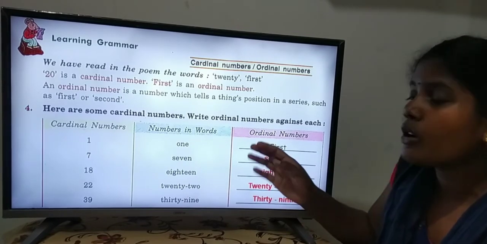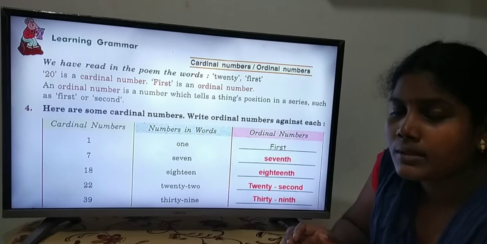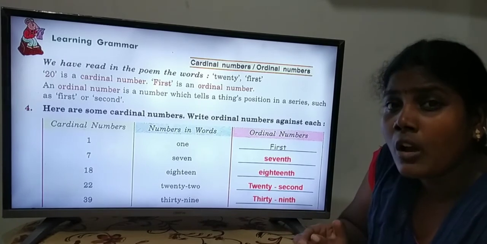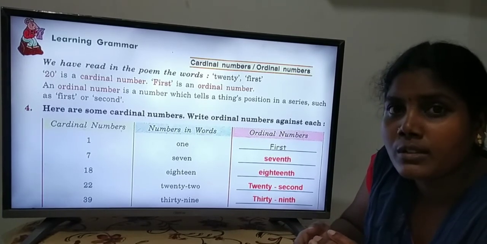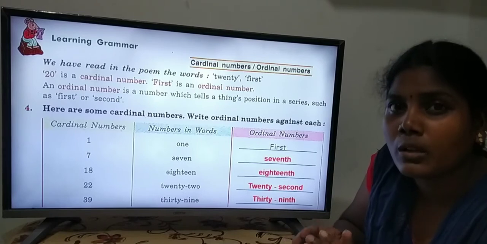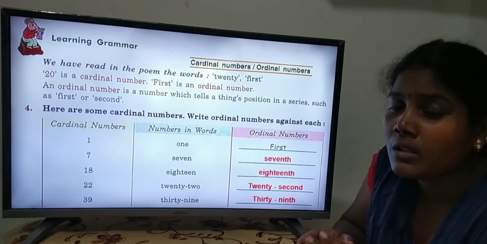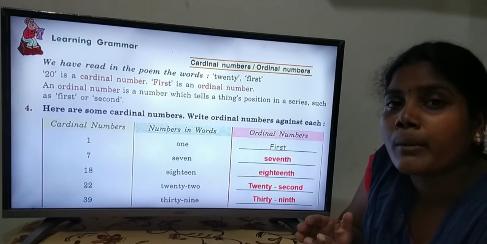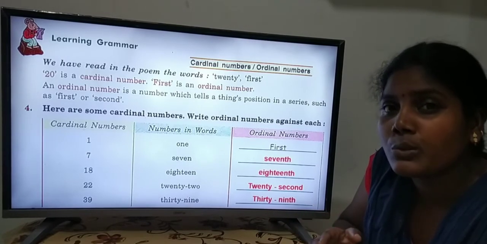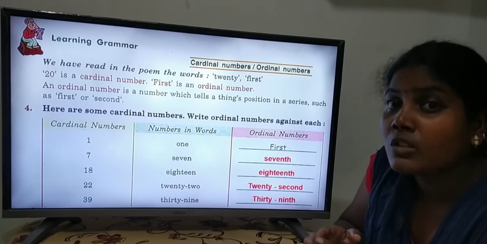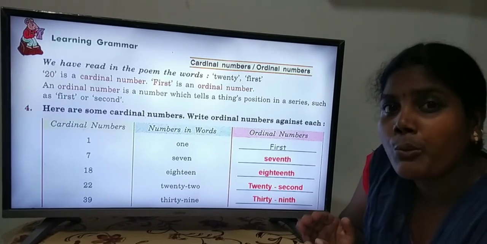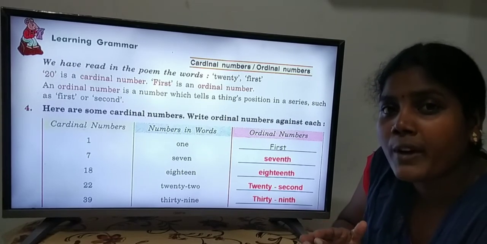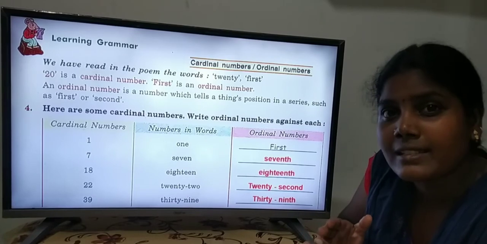So this is the cardinal and ordinal numbers. Cardinal numbers are how we count the numbers. Ordinal numbers, we are talking about the position. When we are talking about the position, then we can use the ordinal numbers. Cardinal numbers means 1, 2, 3, 4, 5, 6, 7, 8, 9, 10.